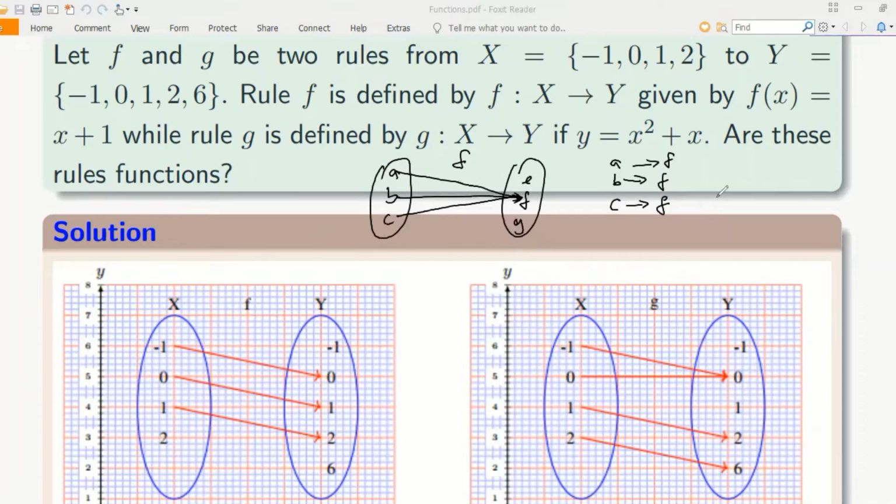But look at this other case. A, B, C, and E, F, G. Look at this other case. A has that image, B has that image, and C has no image.